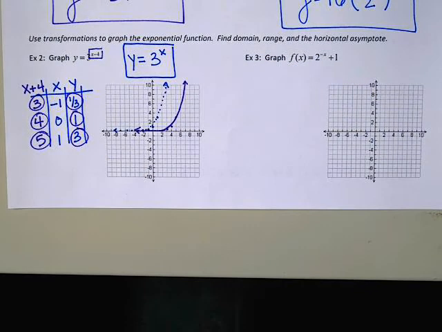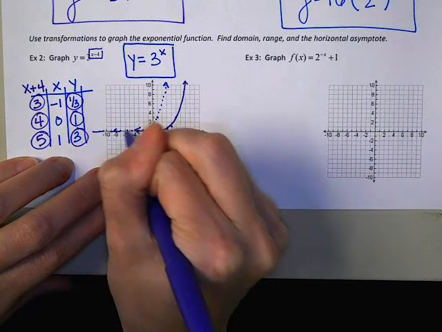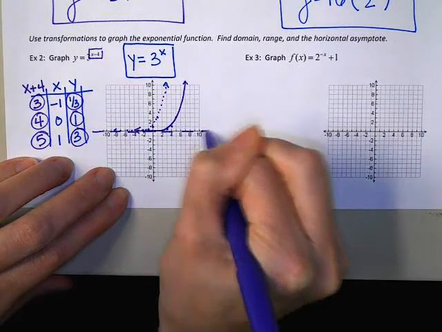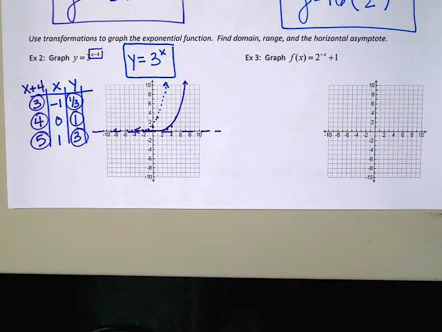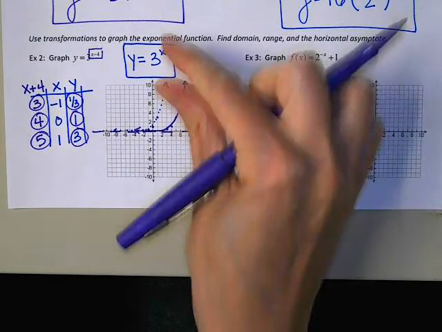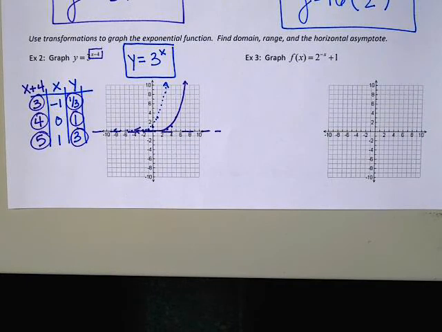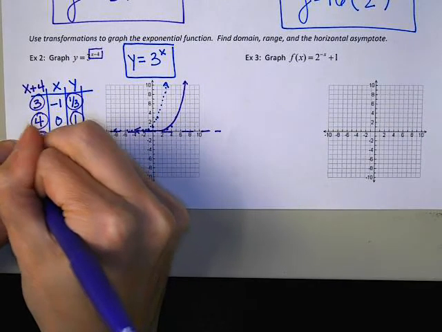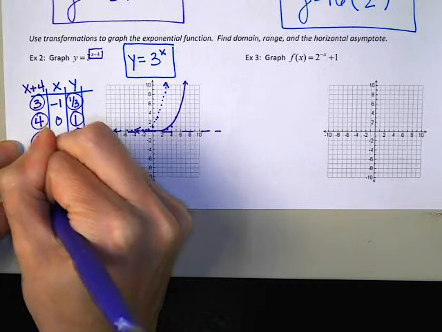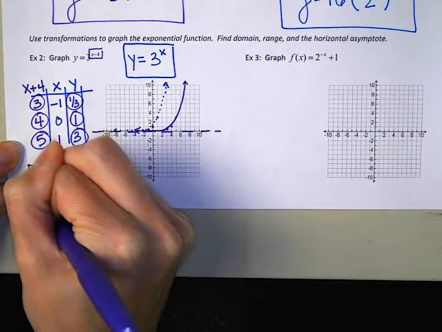Now, some things to notice: there's always a horizontal asymptote for exponentials, and it's always at 0 unless there's a vertical shift. Okay, so we're going to need to talk about domain, range, and horizontal asymptotes for these.